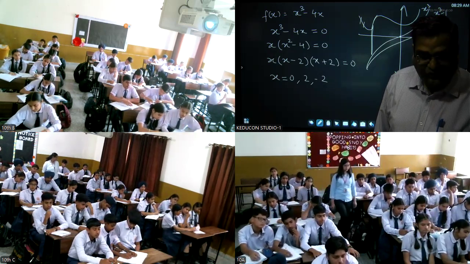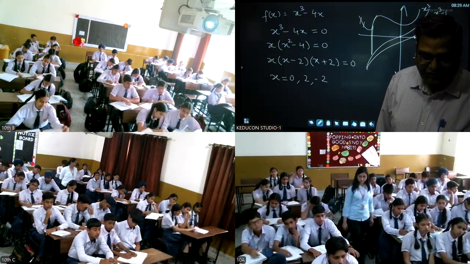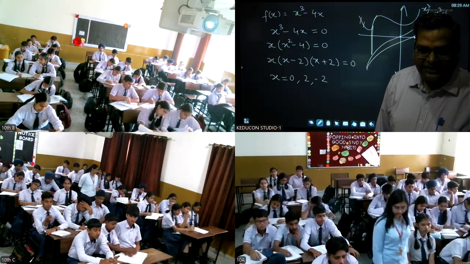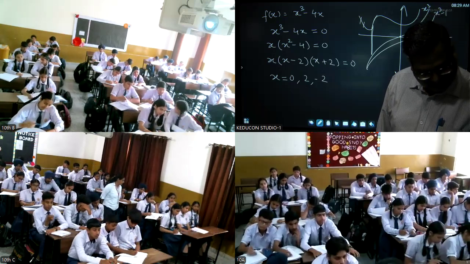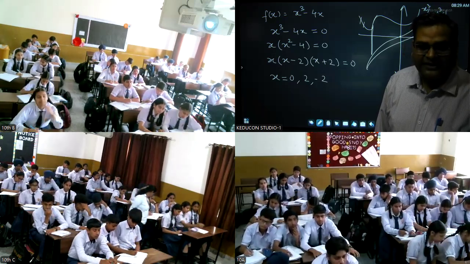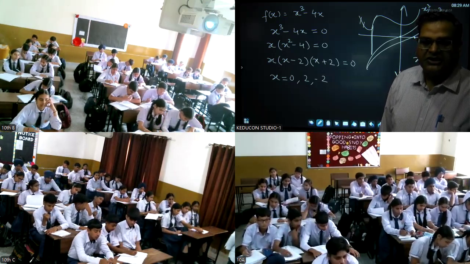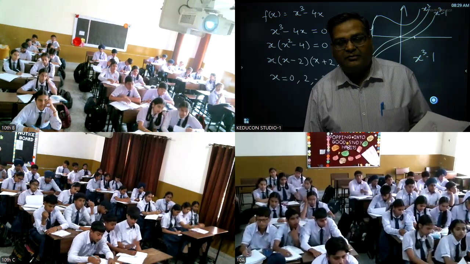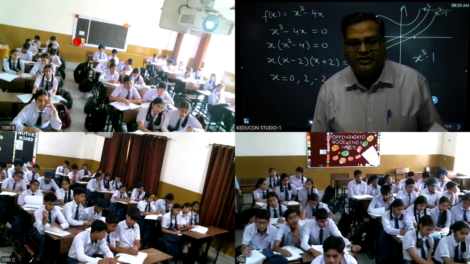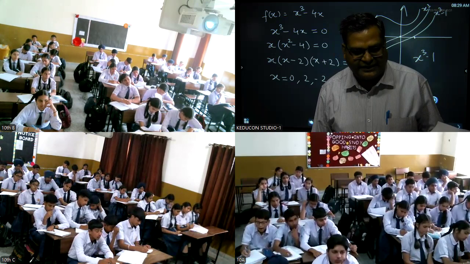Assertion is true. Reason is also true. Is it the right explanation? Students, in the assertion you have been given that the polynomial will cut the x-axis at 3 points.